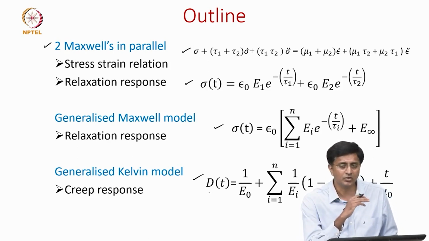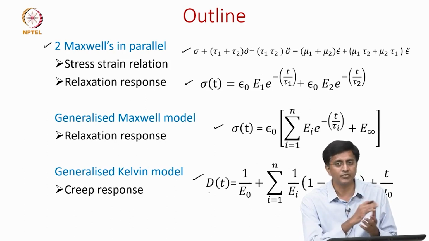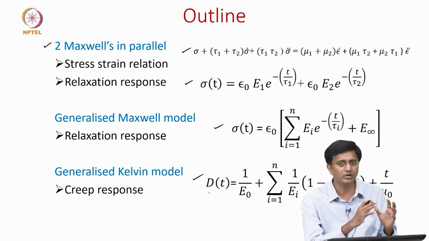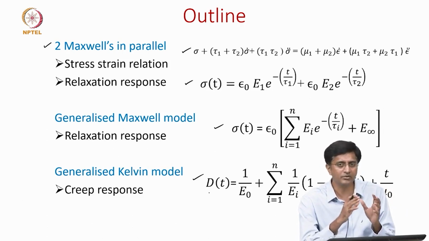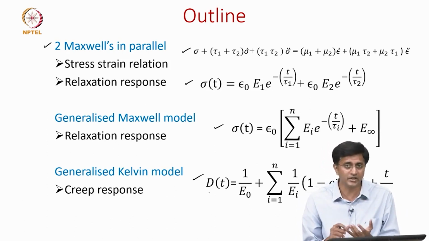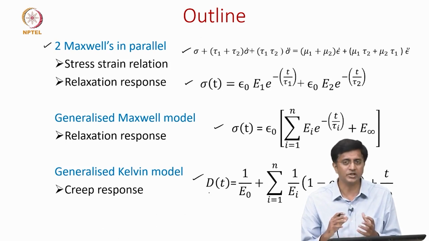So, with this we conclude our discussion about the phenomenological models, where we started with the Maxwell and Kelvin models, later moved on to the 3 and 4 parameter models, and in this video we discussed the generalized Maxwell and Kelvin models. As a final point, we usually use the generalized Maxwell model to represent a real polymer, because with this it is possible to bring in multiple relaxation times or retardation times, which a usual polymer shows.